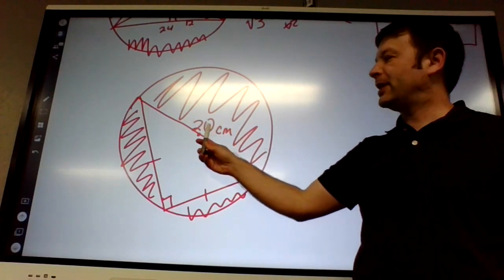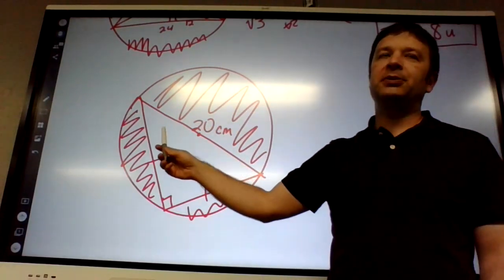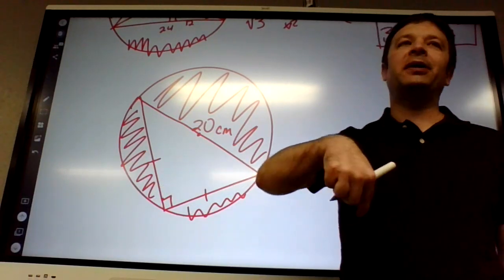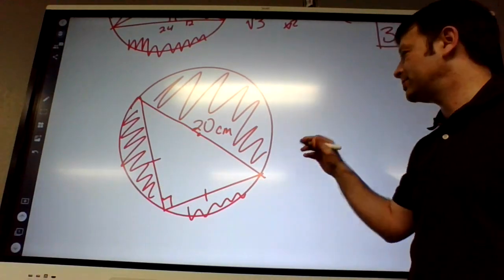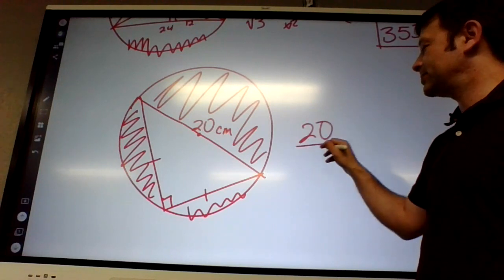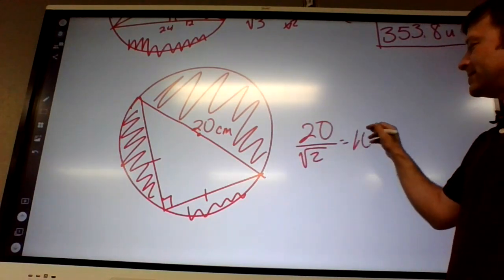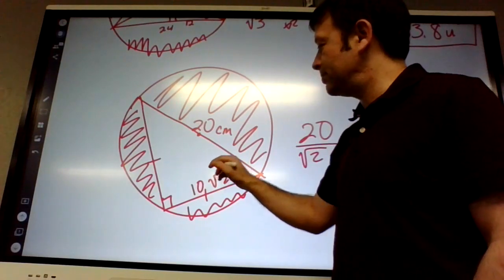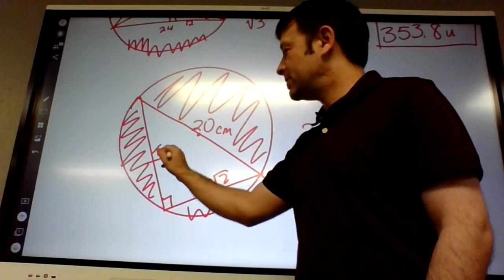So how do you go from the hypotenuse to the leg? Getting smaller, divide by square root of 2. Does anybody want to guess what that is without a calculator? It is 10 square root of 2. So we got 10 square root of 2, 10 square root of 2.